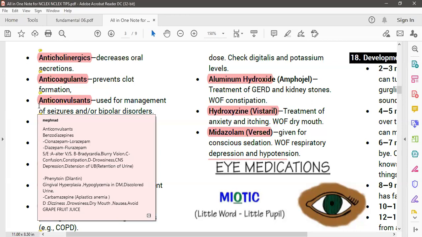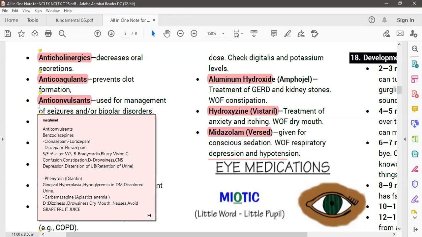Let me talk about the carbamazepine. Carbamazepine also a narrow therapeutic index. We must check the blood level. Carbamazepine most important side effect, they can cause aplastic anemia.